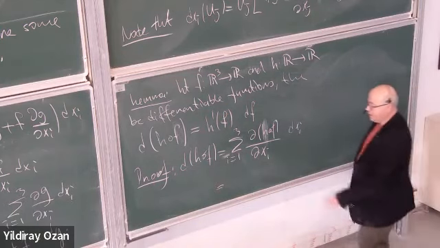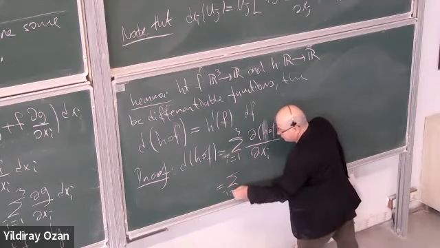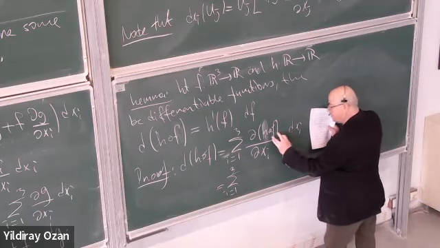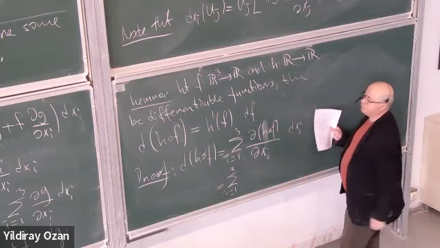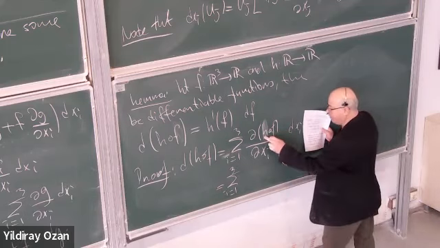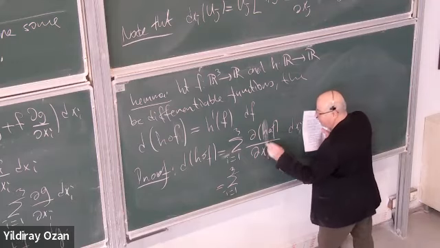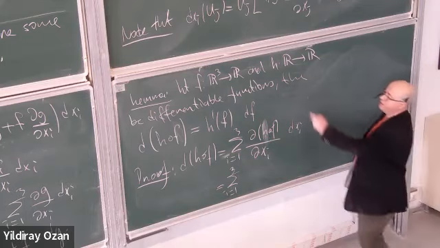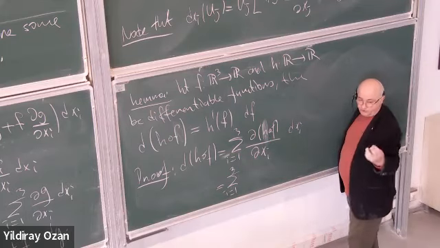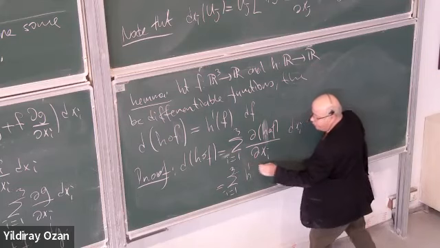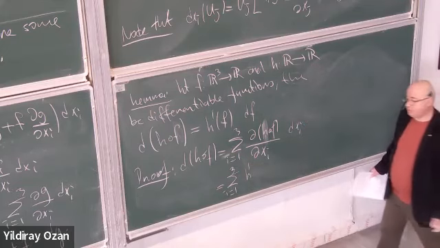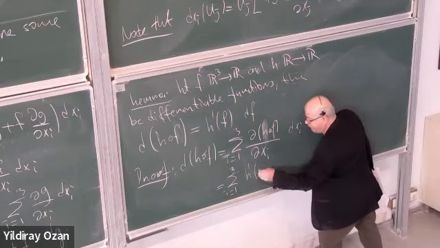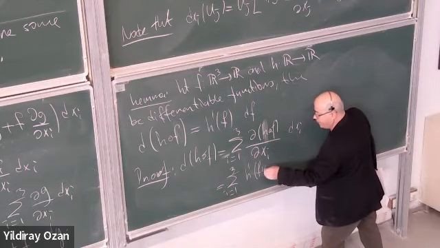And what are they? The derivative of this composition with respect to xi is nothing but the derivative of h. h is a single variable function, so its derivative we may just represent by h prime, and then inside h I have f.